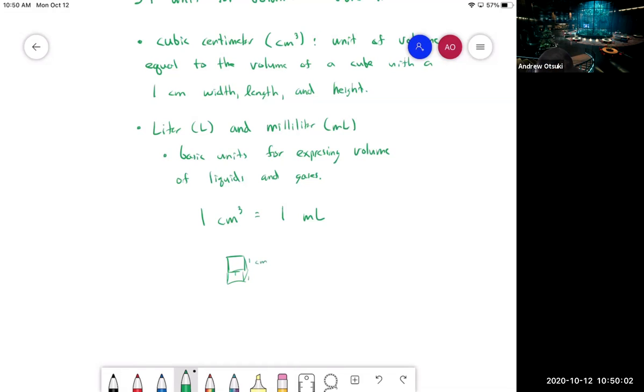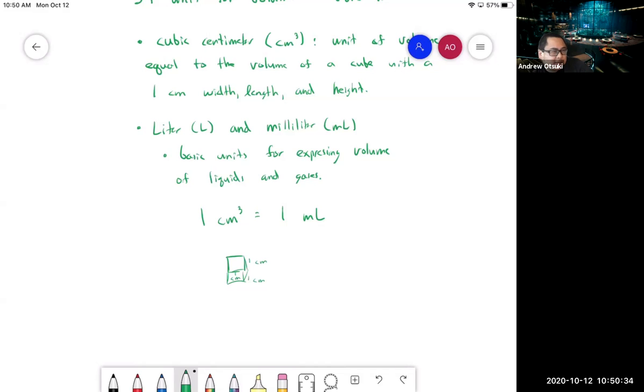That cube will have the same volume if you fill it up with a liquid. The volume will be equal to 1 milliliter. So that's how we get this equation right here. That's the most common one that you should know.